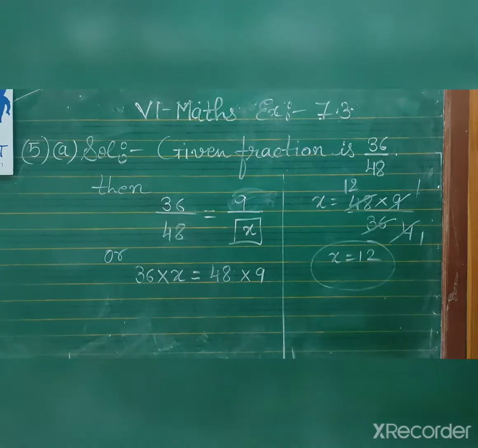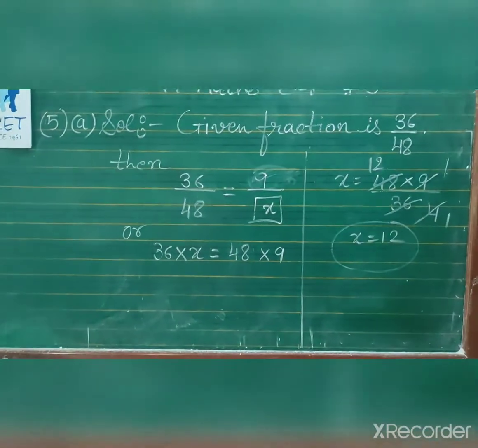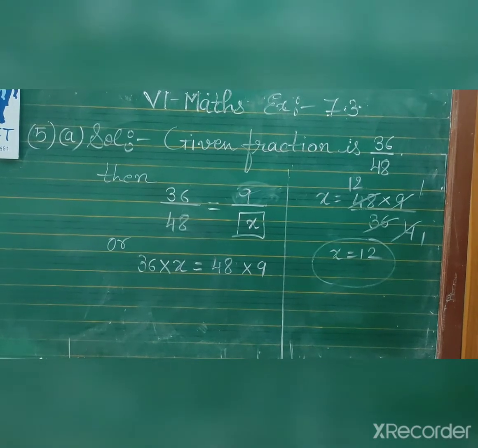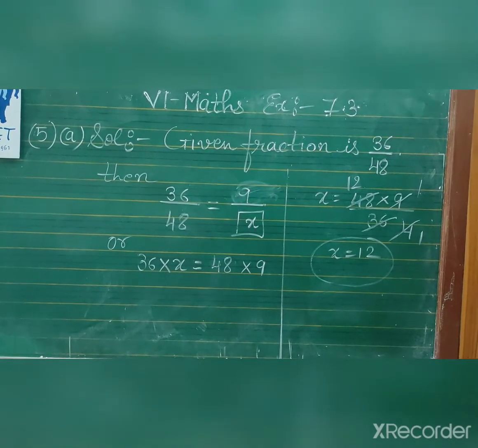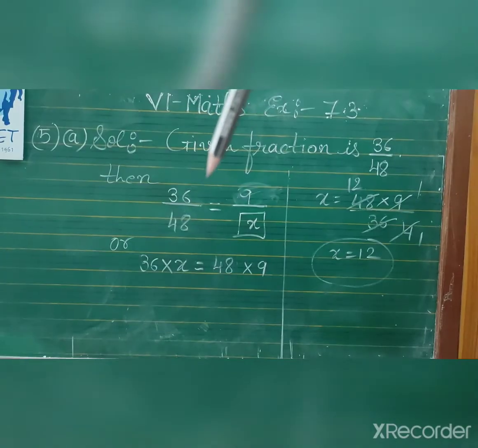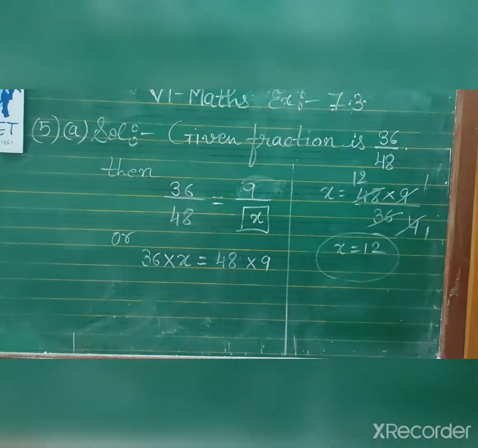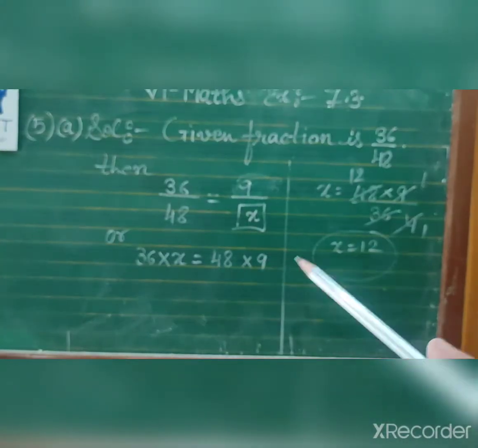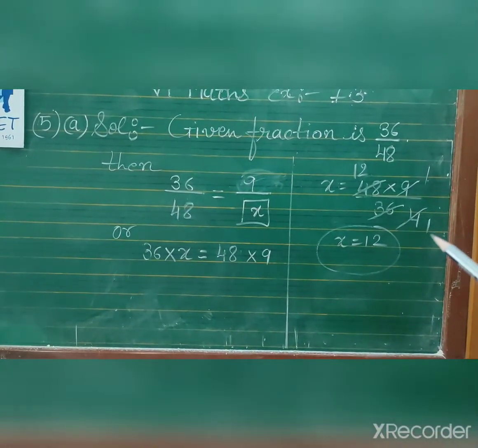So the denominator we assume is x. We know cross multiplication is always equal when both are equivalent fractions. So 36 into x equals 48 into 9. So x equals 48 into 9, with 36 in the denominator.